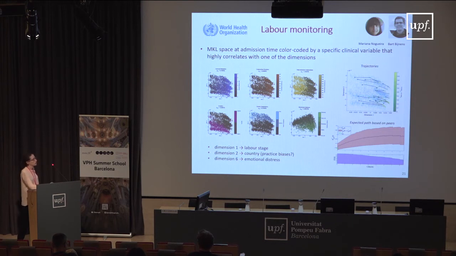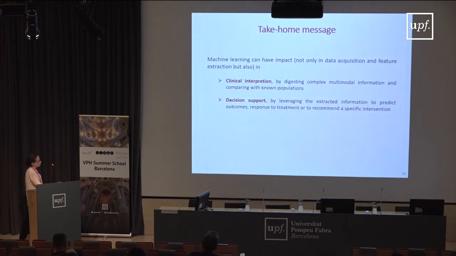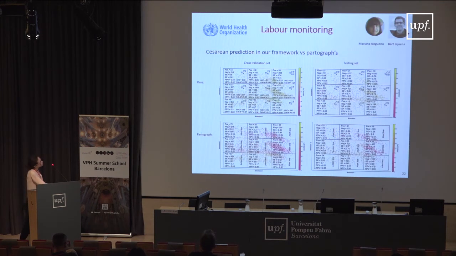We can also try to predict specific events. For example, here we predict if a mother would have a cesarean. On the top, using our approach, and on the bottom, using the Partograph.